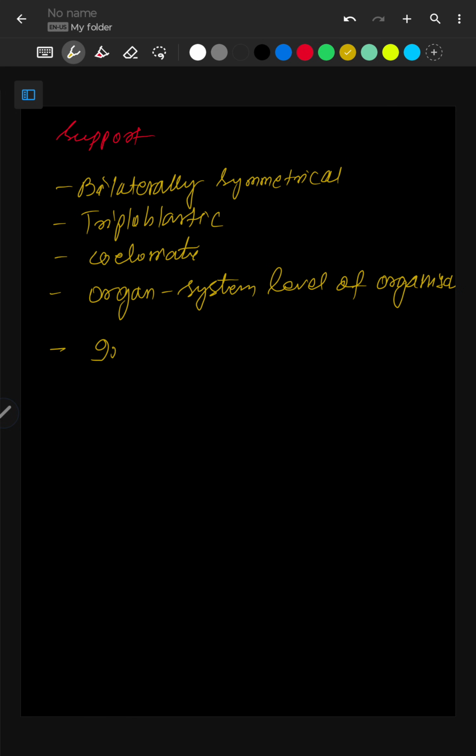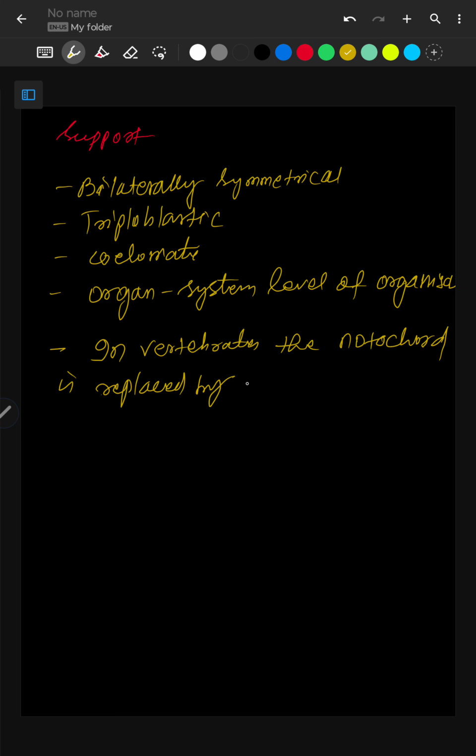Okay, so in vertebrates the notochord is replaced by cartilaginous, you all know what is cartilage, or bony vertebral column. Okay, and they have a dorsal hollow nerve cord.